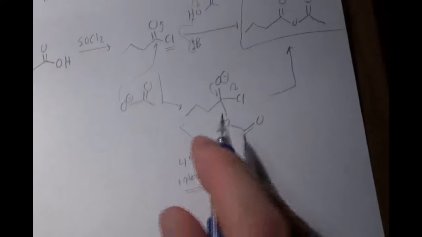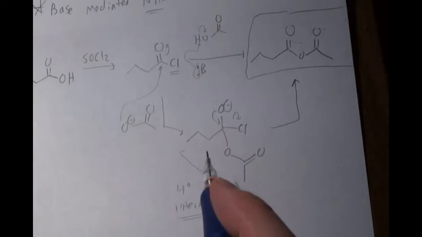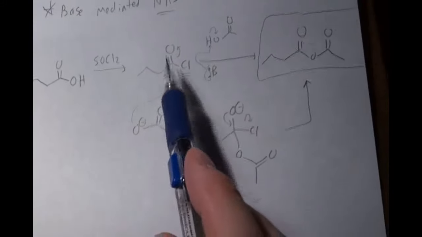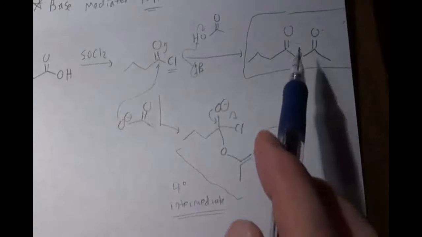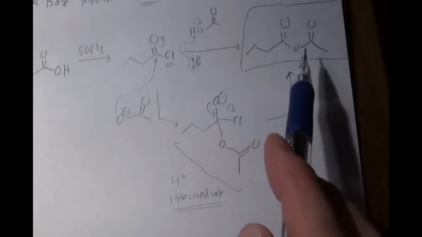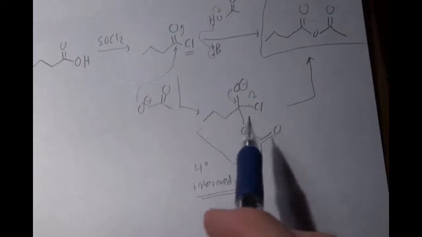But the point I was trying to make is that you can interconvert, and you can convert an acid chloride to any of the other derivatives I showed you, esters, amides, anhydrides, and carboxylic acids, using these kinds of reactions.